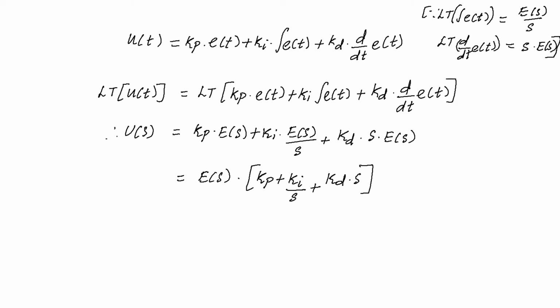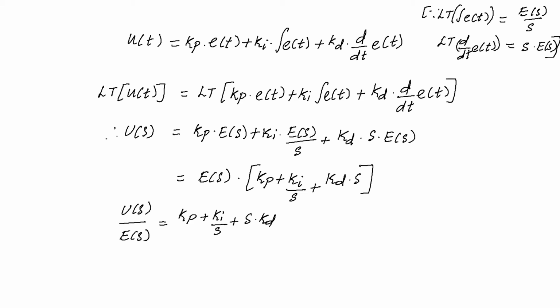So the gain can be written as, for us to obtain the gain, we are supposed to write E of s to the left hand side. So U of s divided by E of s is equal to, that is the gain, which is equal to Kp plus Ki by s plus s times Kd, right?